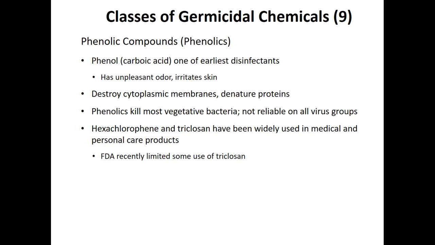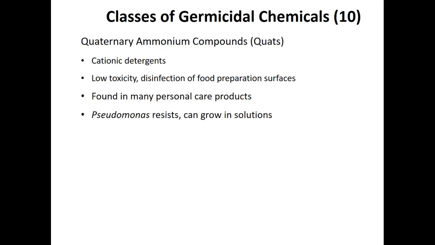Recently, some of these newer phenolic compounds, such as hexachlorophene and also triclosan, which have been used for years in many common over-the-counter products, have become more limited due to them potentially being irritants to the skin and some other mucous membranes. Quaternary ammonium compounds, or what are also known as quats, these cationic detergents are found in a number of different personal care products.